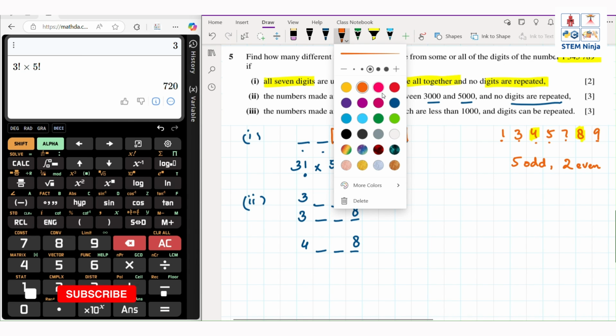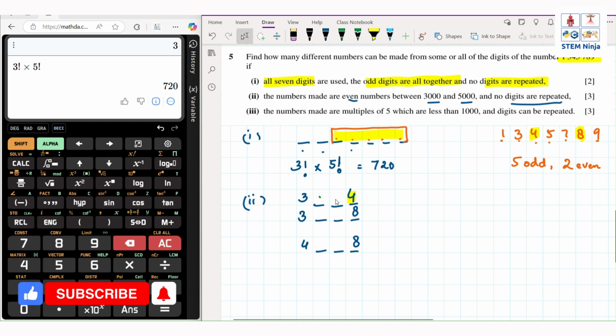Now, no digits are repeated. So the numbers that we will select for these places can be any one of the rest. We have taken 3, we have taken 4. So how many are left? 1, 2, 3, 4, 5. So this is an arrangement problem. We're making different numbers, so this is not a combination problem. This is an arrangement problem.